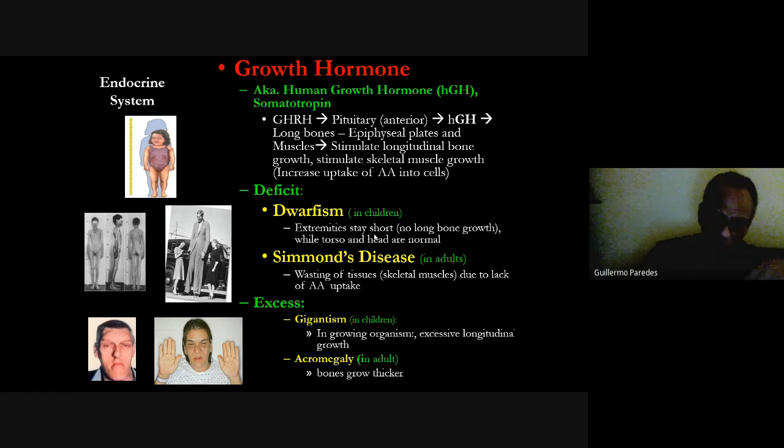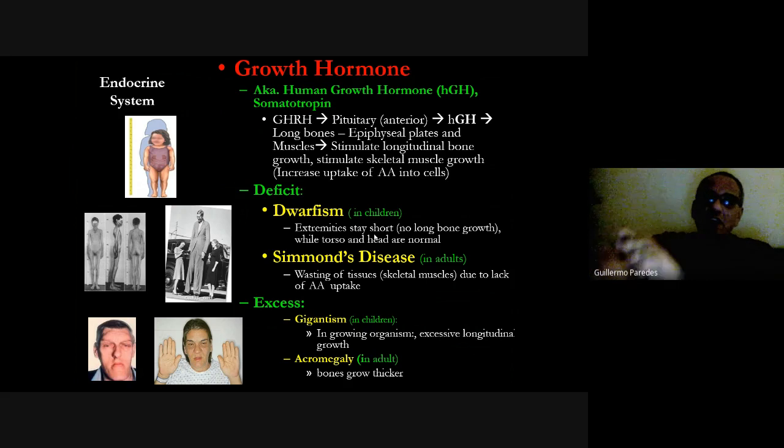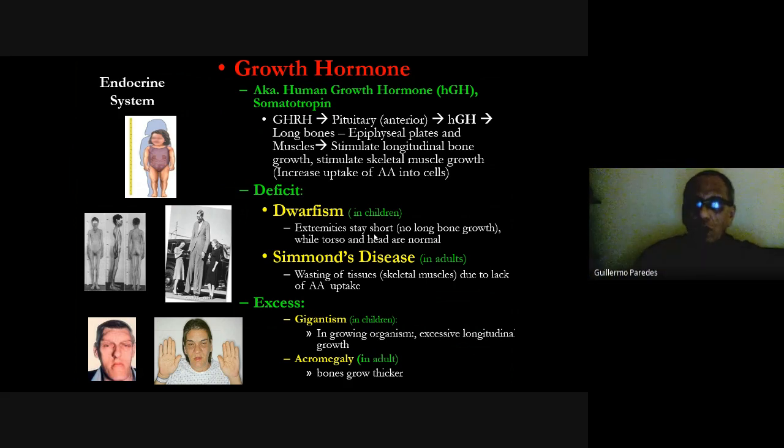What is the difference between these two? In gigantism, basically all the long bones of your body are going to be longer: the femur, the humerus, the fibula, the tibia, the radius, the ulna, all are going to be very long. That is in children.